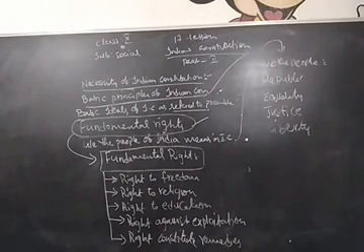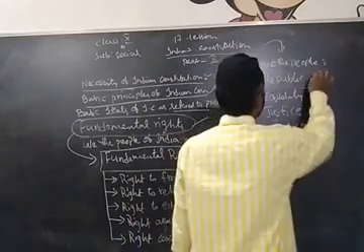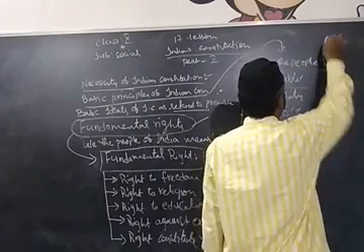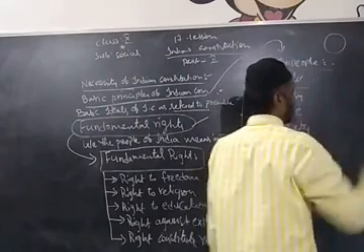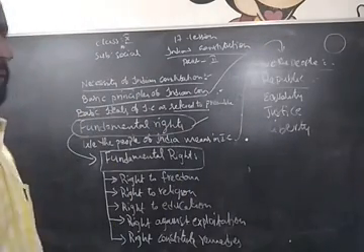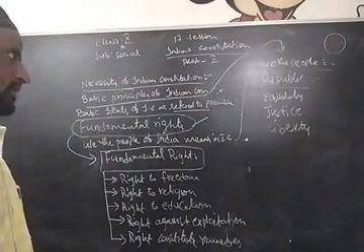Next is republic. The head of the state, the President, is elected through an electoral college and his post is not hereditary. Here we are selecting some representatives in the form of MLAs and MPs. MLAs are for the state government and MPs are for the central government.